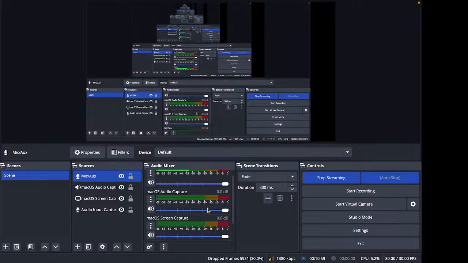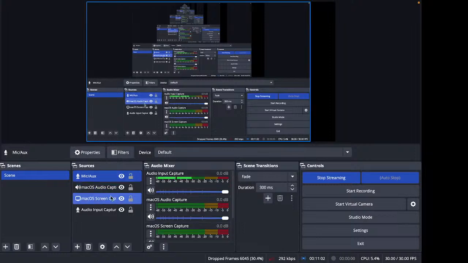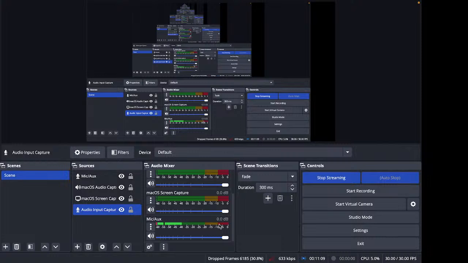Hello. And this should be the input audio capture.